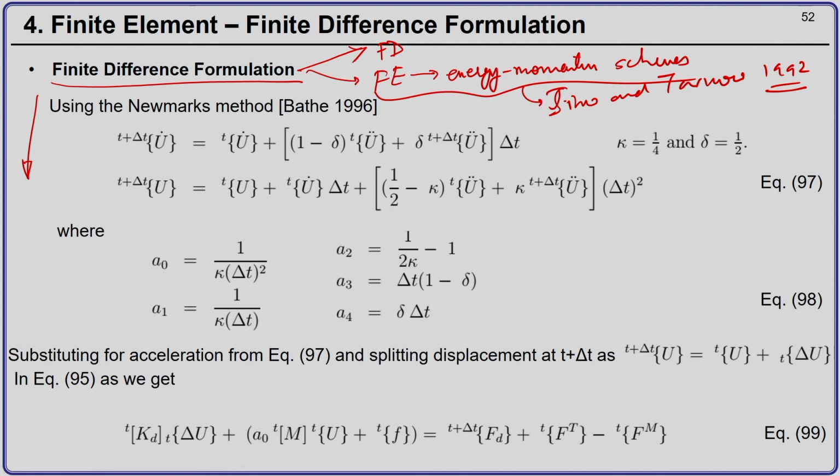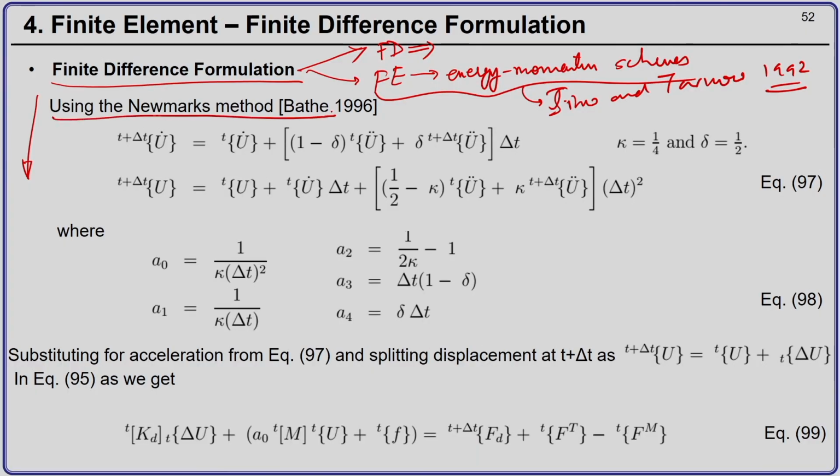In the present discussion we use the finite difference in time. Finite difference in time means we use the procedure where the time derivatives of the expressions are approximated using known quantities, or unknown quantities, at the current or the previous step. In finite difference you have explicit schemes and implicit schemes.